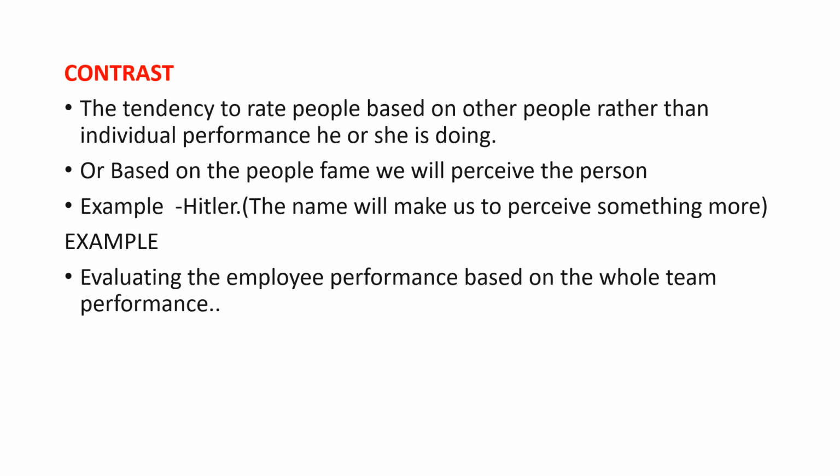But that person also gets an assessment and evaluation based on the total team performance. That is known as contrast: the tendency to rate people based on other people. Based on the group evaluation, we give evaluation to the particular person. So we are not giving respect or preference, or specifically evaluating the person who worked or performed well in the group.